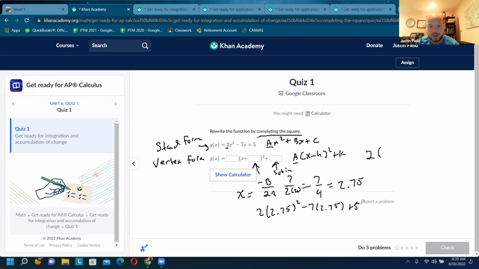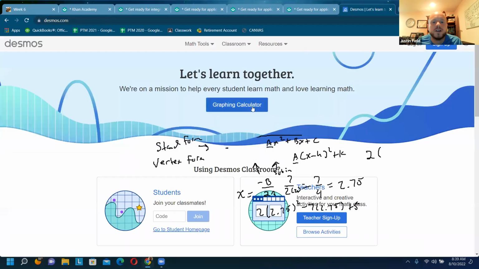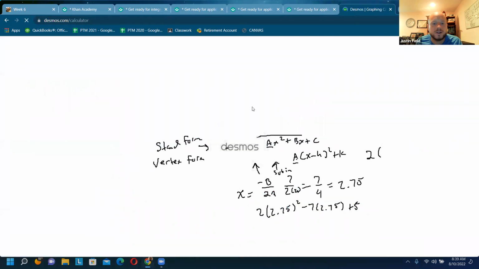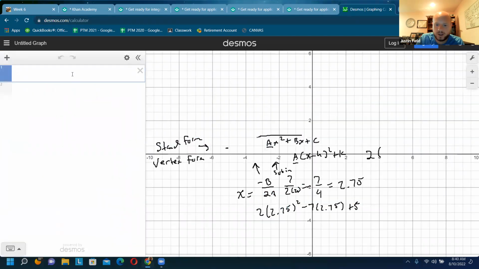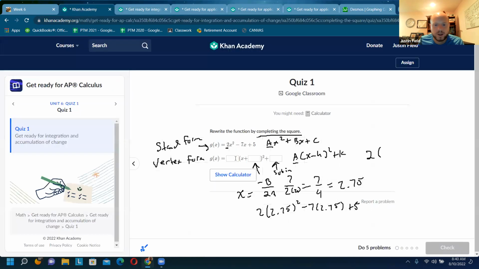I'll just use Desmos to do that. 2.75 squared minus 7 times 2.75 plus 5. That gives 0.875.